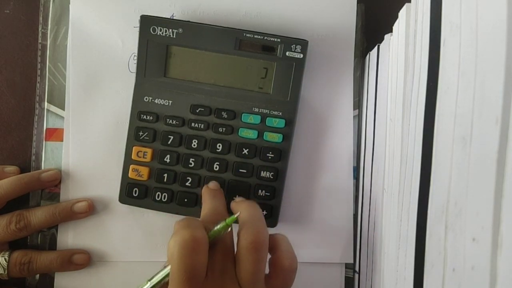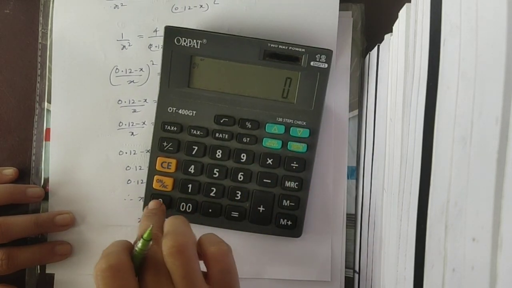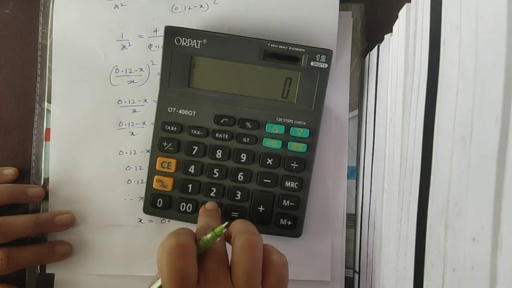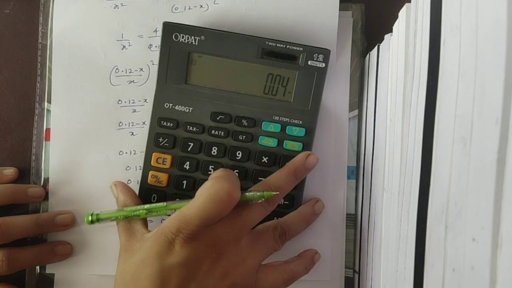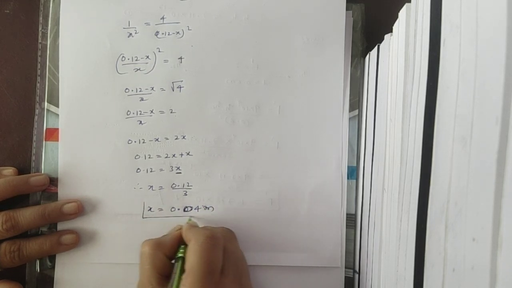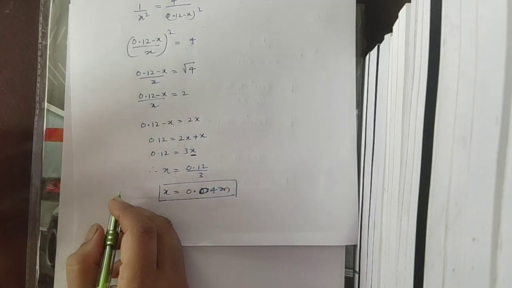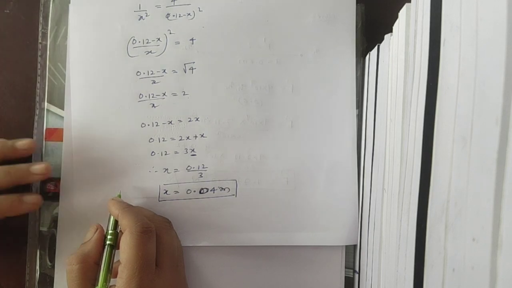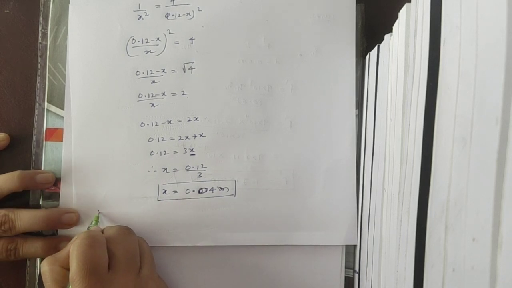0.12 divided by 3. So x is 0.04 meter. Okay. So therefore, the third point charge minus q should be placed. Result we will write.